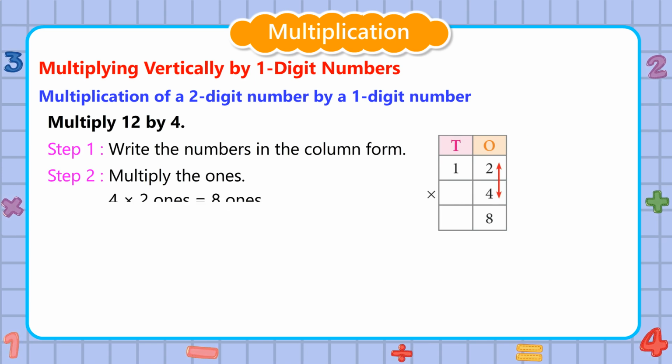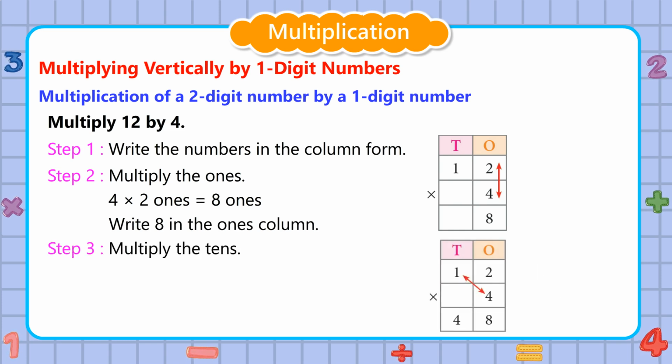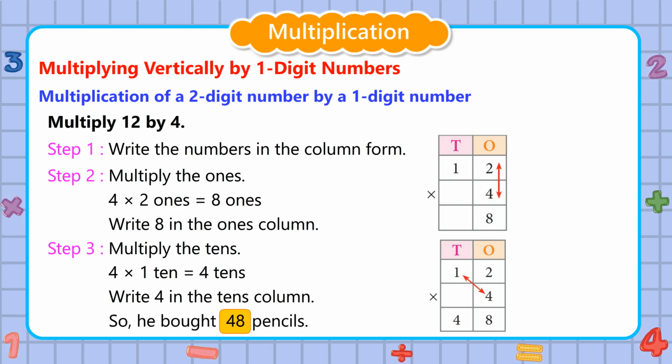Multiply the ones. 4 multiplied by 2 ones is equal to 8 ones. Write 8 in the ones column. Step 3. Multiply the tens. 4 multiplied by 1 ten is equal to 4 tens. Write 4 in the tens column. So, he bought 48 pencils.